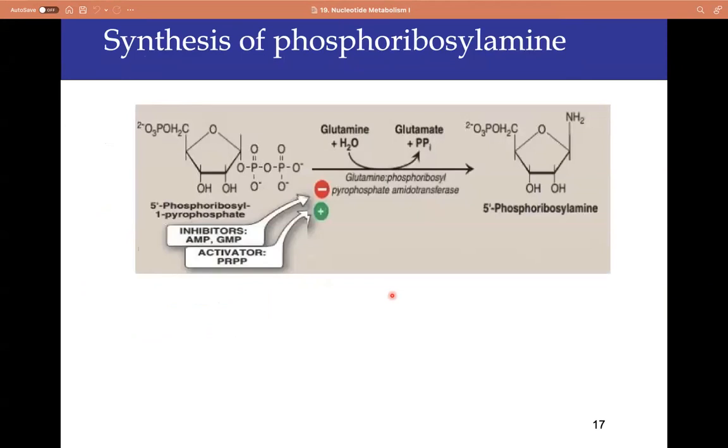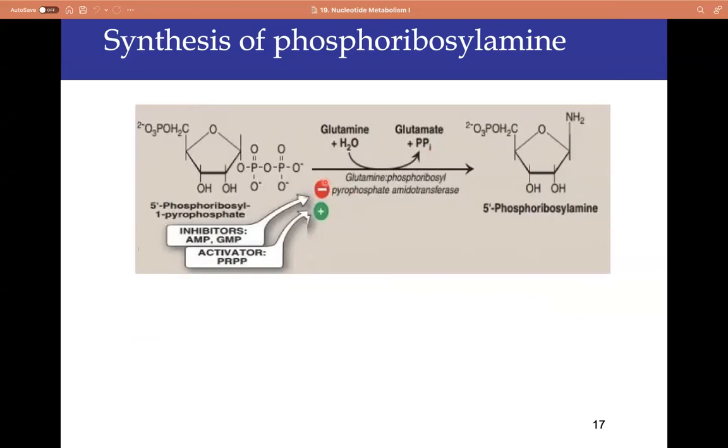Okay, next slide. So the enzyme that is transferring the amino group from the glutamine to the 5-PRPP is glutamine phosphoribosyl pyrophosphate aminotransferase, also known as just glutamine PRPP aminotransferase.